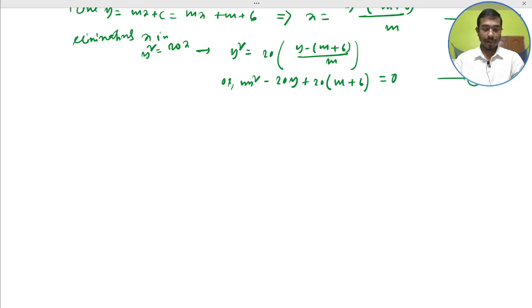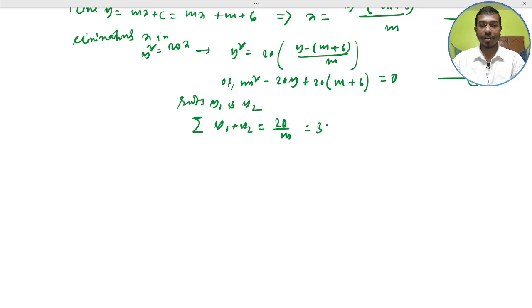Equation number 4. Those roots are y1 and y2. Quadratic equation, two roots y1 and y2. So sum of roots, y1 plus y2, this is minus b by a, that is 20 by m.